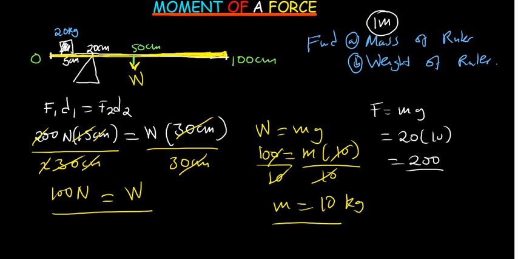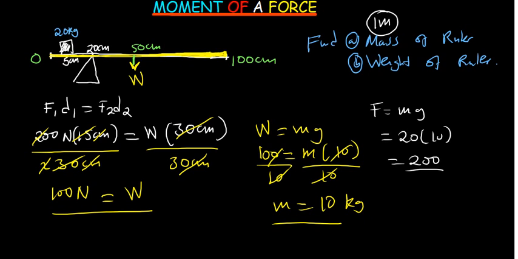Make sure that every time you're working with this, you are working with SI units. It's very, very important. If you're not working with SI units, you'll not be able to find the correct answer. Just like you can see, when I'm making calculations, I'm finding the mass in kg, because I'm dealing with newtons. The SI unit for length is not centimeter, it is meter. But even if you notice, I'm not using meters.